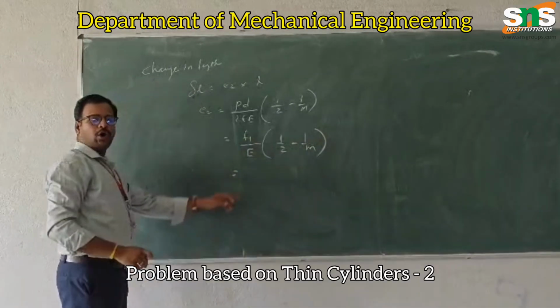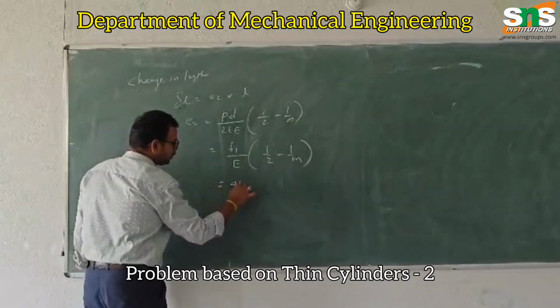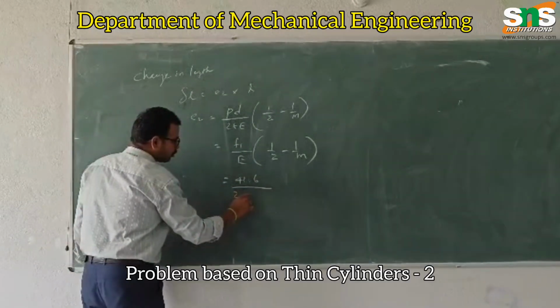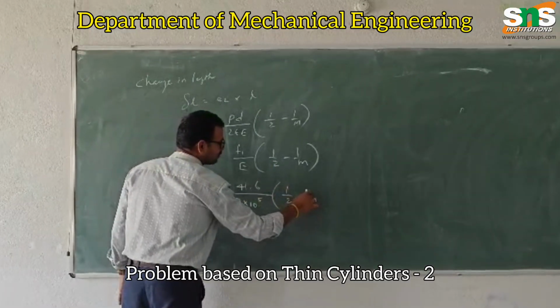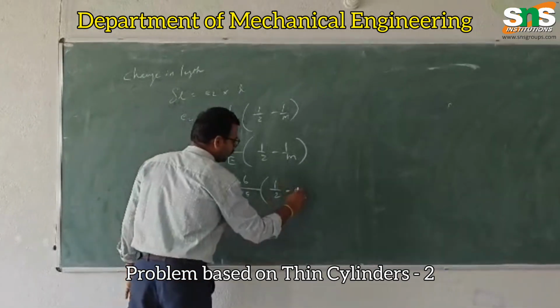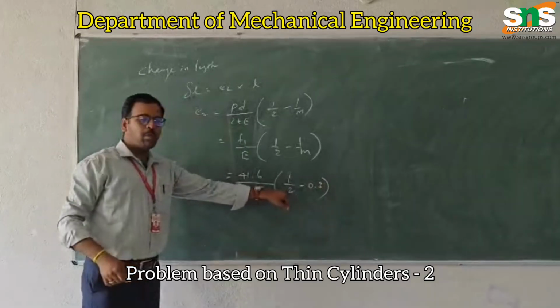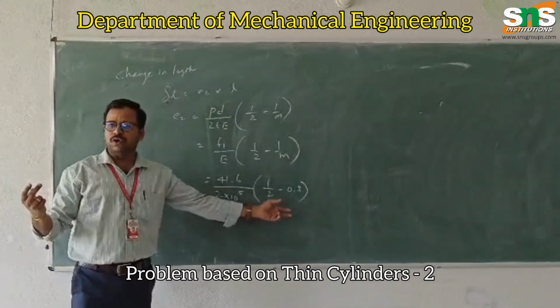So f1 value, how much? The hoop stress, 41.6 divided by 2 into 10 to the power of 5, into (1 by 2 minus 1 by m). What is the value of mu? 0.3. So 0.5 minus 0.3, we are getting the answer 0.2.